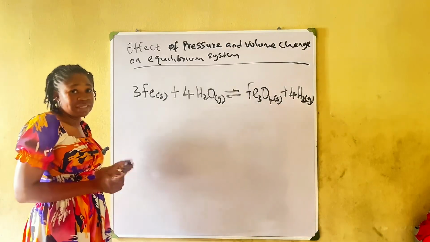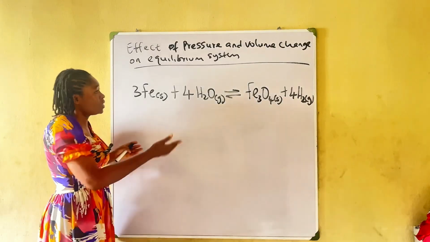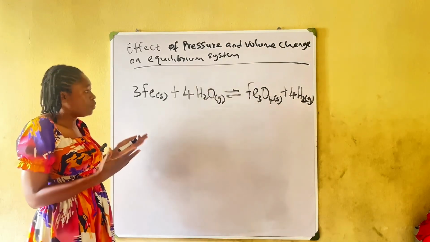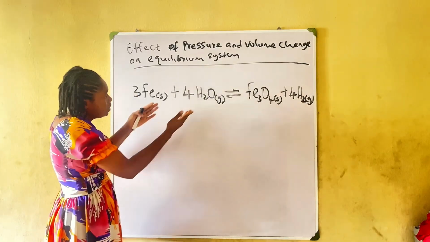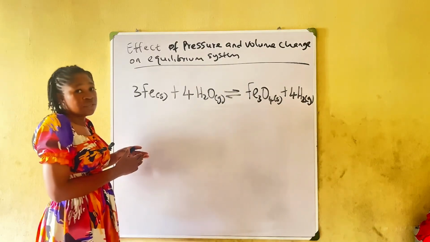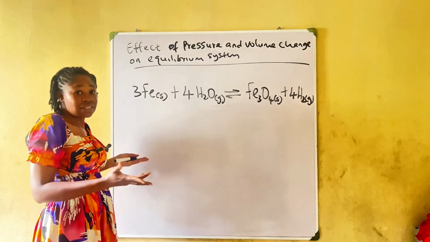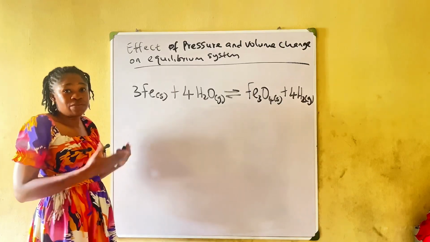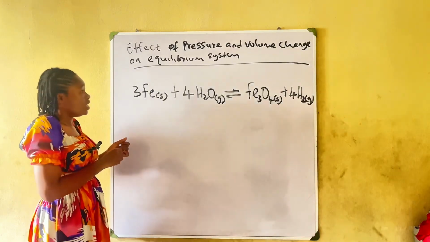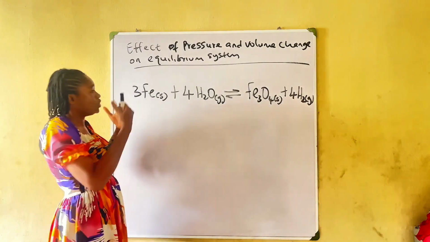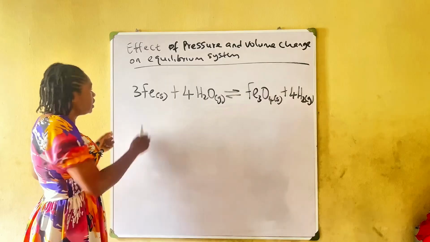Let's look at another example. This reaction on the board is a heterogeneous equilibrium, so the species are in different phases. You can see gas, you see solid. The other example, production of ammonia gas, has all the reactants and products in the same phase. So look at this. If I ask you, what happens to the equilibrium position when you increase the pressure of this system? This solid, I'm not counting.